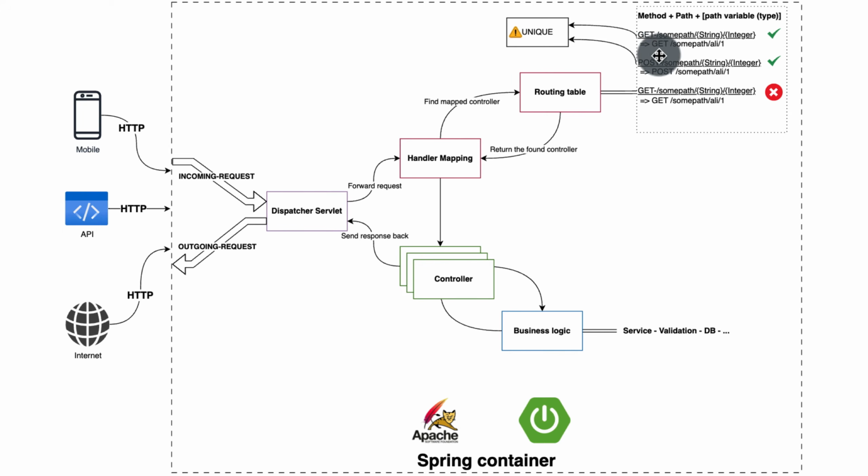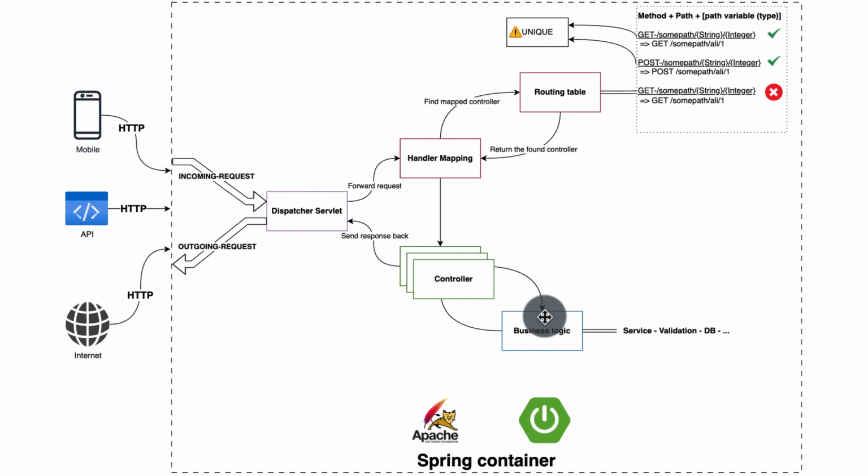And all the paths here, all this composition, should be unique. And to remind you, composition means method plus path plus the path variables or the variables you have within your URI. Then once the path is found, it will return to the handler mapping and then return the found controller, and from the handler mapping, Spring will invoke the method as I mentioned before based on the controller name dot method name.